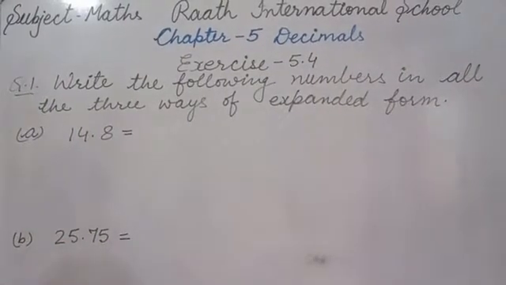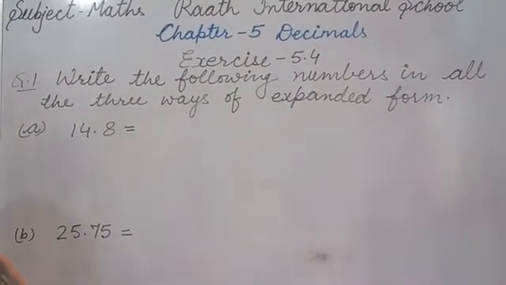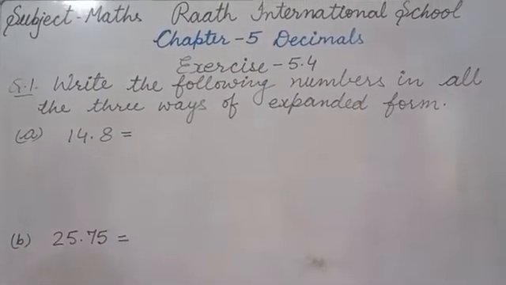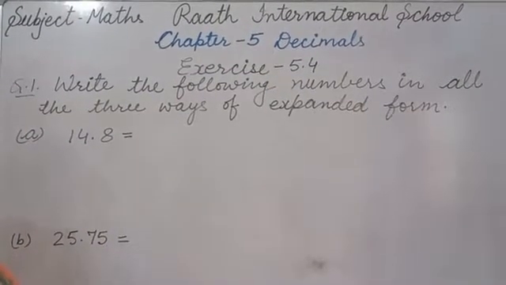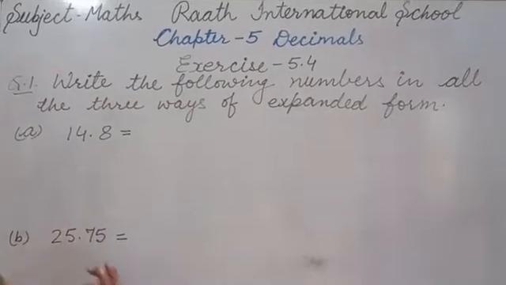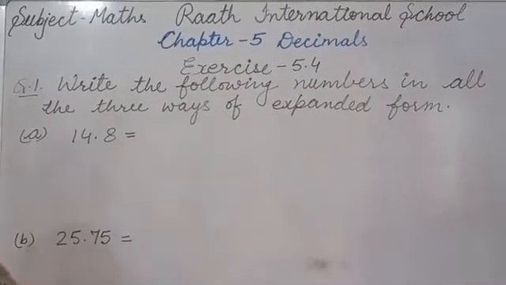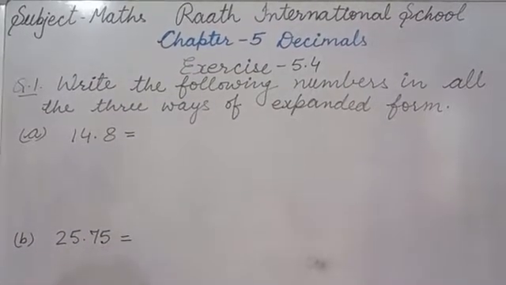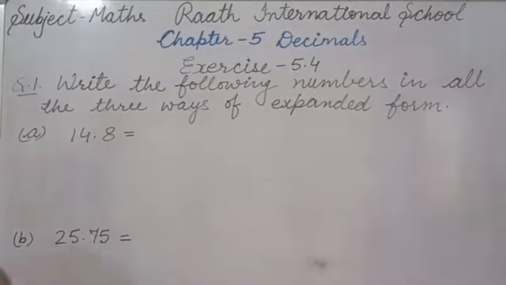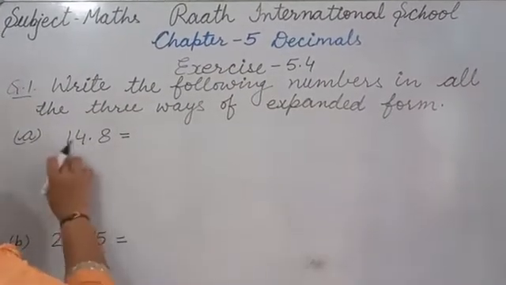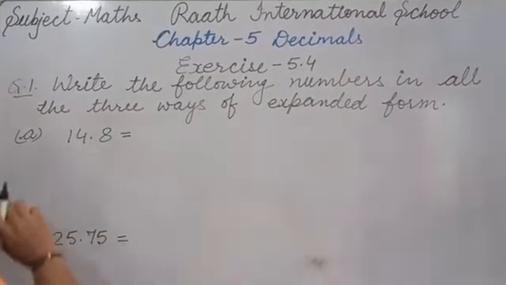First is place value, then decimal, and then fractional form. Firstly, we should write with place value, then decimal, and then fractional form.